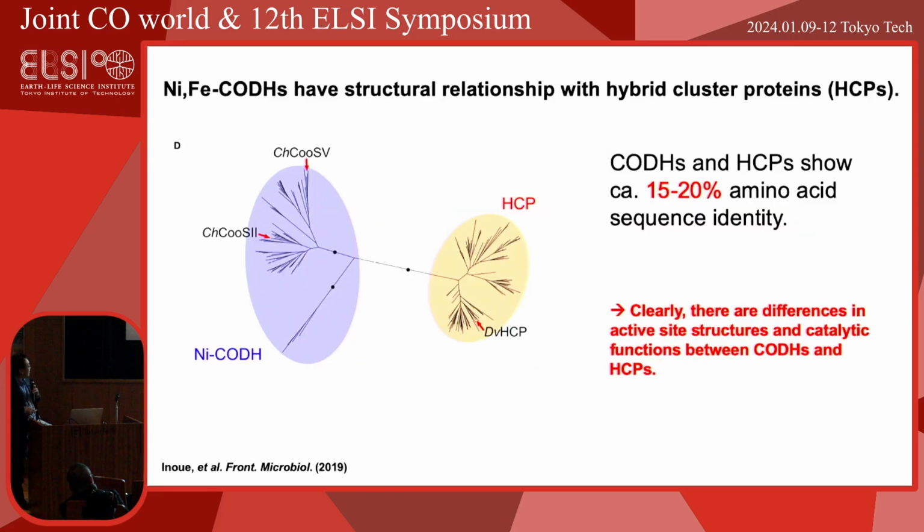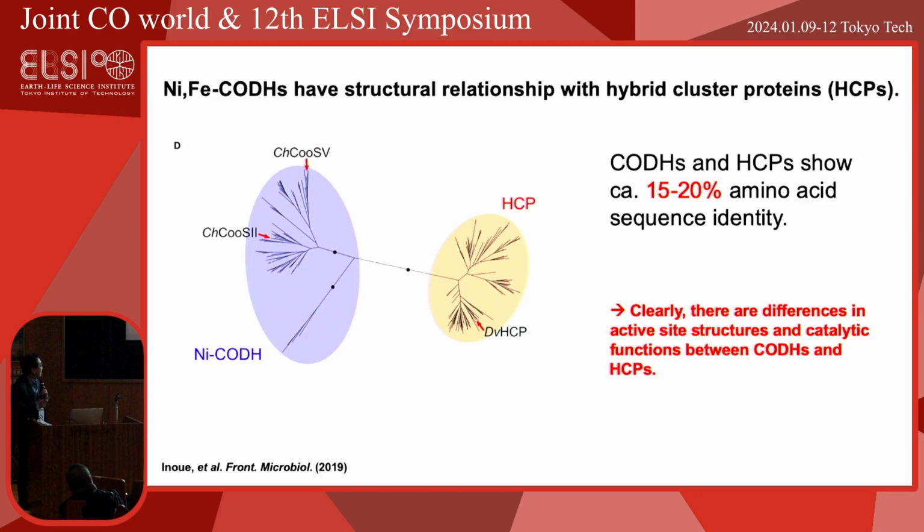Some bioinformaticians have also studied the relationships of the CODH based on the primary amino acid sequences. And here is one example. The nickel CODH group formed a big clade here, and the typical CODH enzymes, CODH class 2, are located in this position. CODH5 is a little bit unique, and it's a bit far from this normal CODH.